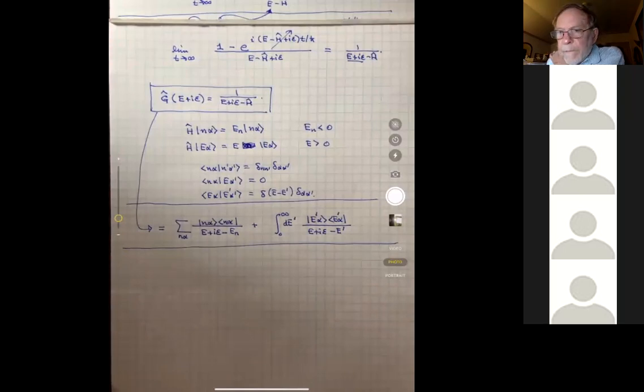Could I ask a quick question? Yes. So is this formula that you just wrote down for the Green's function operator, is it true for both outgoing and incoming Green's functions? Well, I've explained outgoing and incoming Green's functions for the time-dependent Schrodinger equation. Okay. And yes, I see your point.